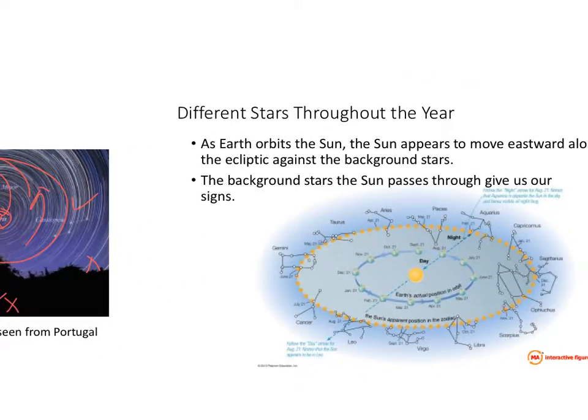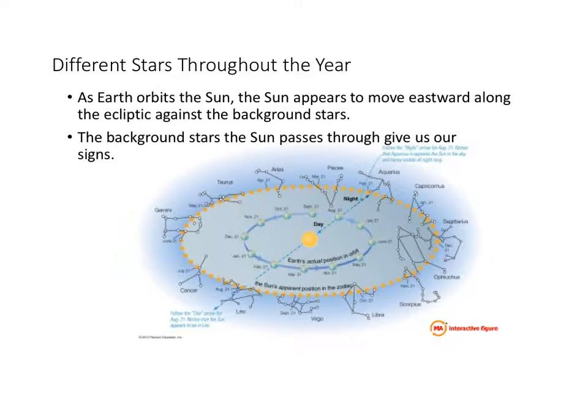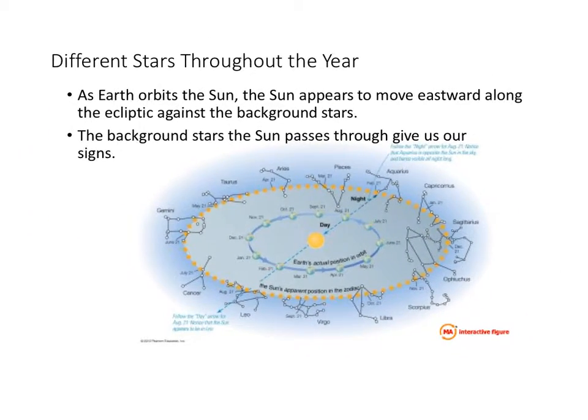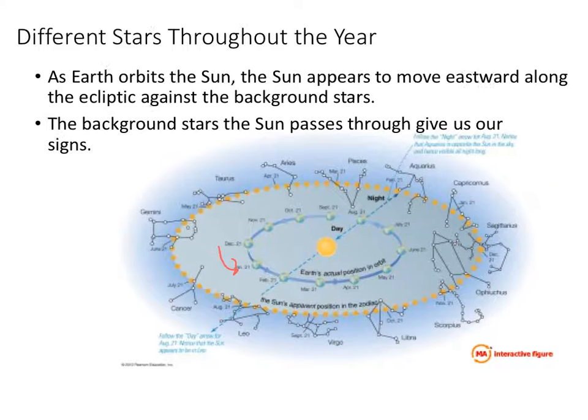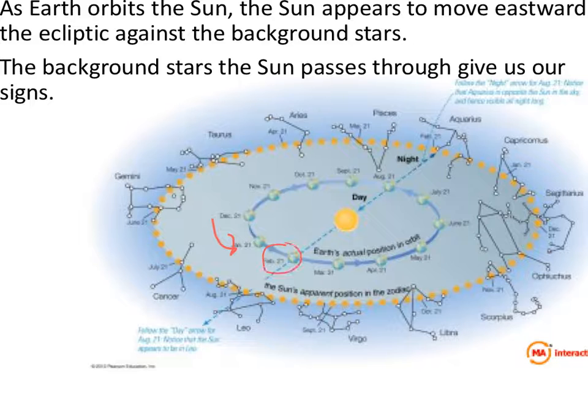We see different stars throughout the year, and I tried to show you this in one evening. So basically, if this is the sun, and this is the Earth orbiting the sun, and it's all counterclockwise, for instance, over here, I think this is supposed to be February. In February, we see these constellations during our nighttime as we rotate away from the sun.